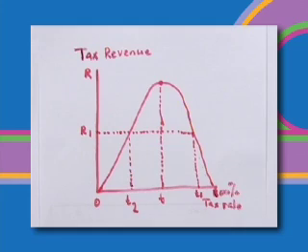A tax rate has to be reasonable. For example, on companies, it's sitting between 30 to 35%, which is a reasonable amount. But once you move to a 100% tax rate, that's unreasonable. People will just run away from paying tax. So we try and avoid that situation.